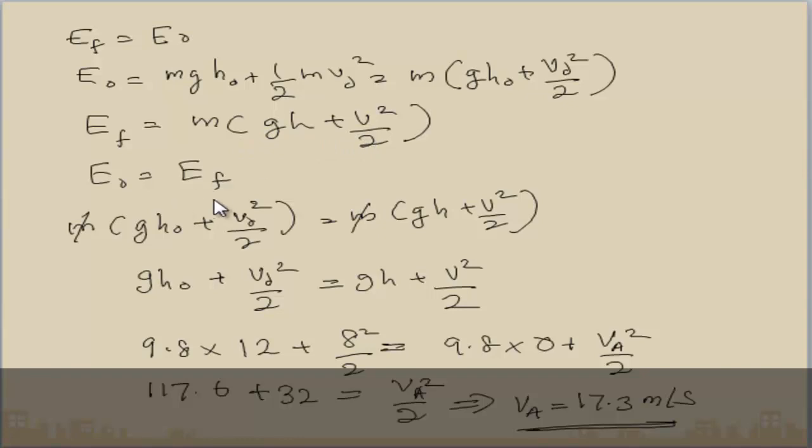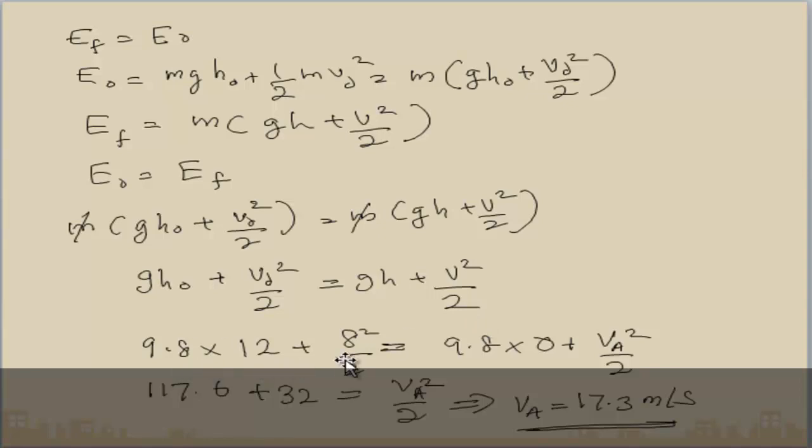By equating the two, m times (gh0 plus v0 squared over 2) equals m times (gh plus v squared over 2). m cancels and it becomes gh0 plus v0 squared over 2 equals gh plus v squared over 2.